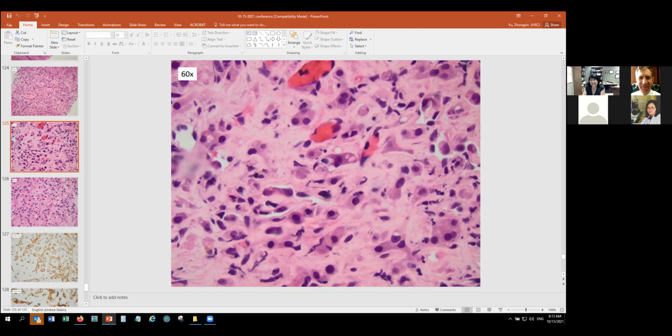And as you say, most people are using the CAMTA1 immunohistochemistry rather than doing FISH because of the cost and speed of that assay. Correct. Yeah, that's a very great case. And I think the other clue here, of course, is the fact that she had multi-organ disease. Yeah, that should certainly steer you in that direction as well.